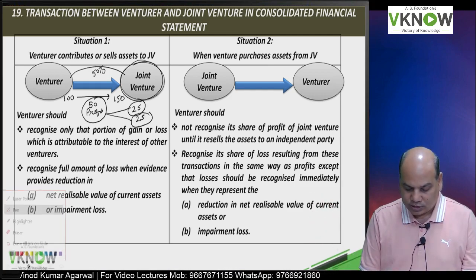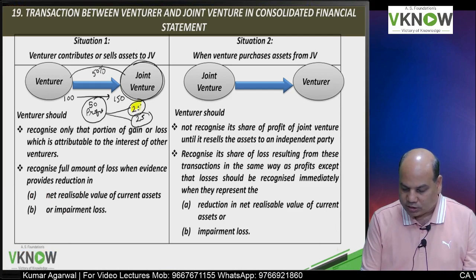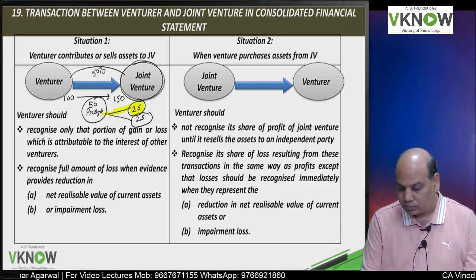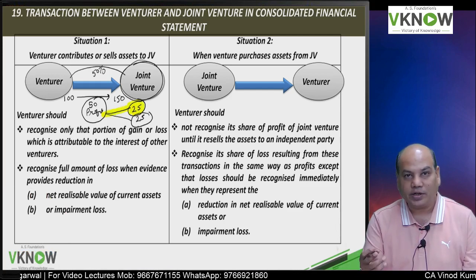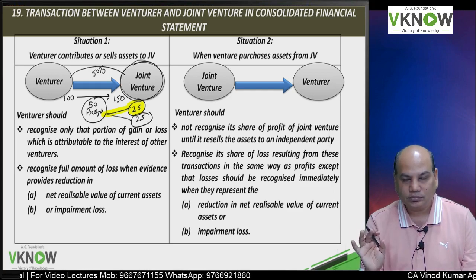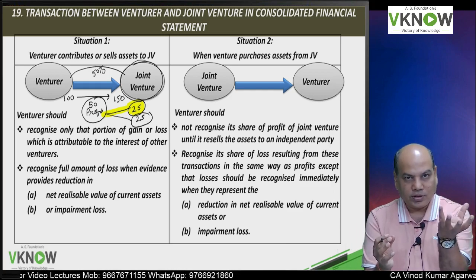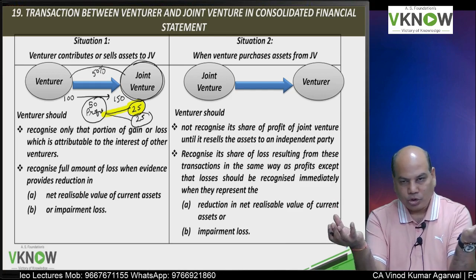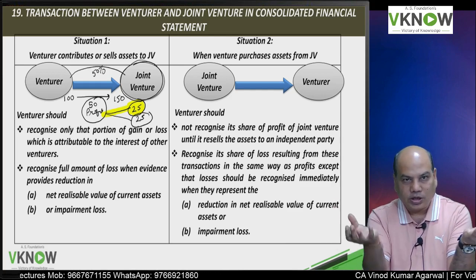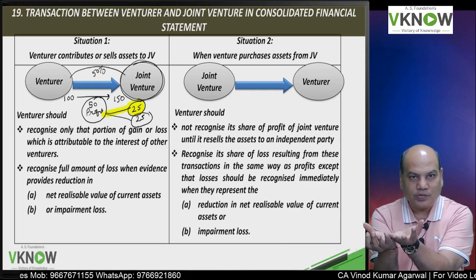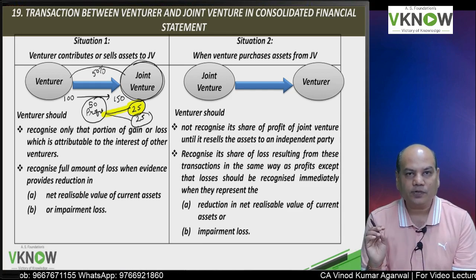So what the standard says, to the extent you have made profit by transacting with yourself, because this is venturer, this is joint venture, you are 50% owner in the joint venture. So if you are selling to the joint venture, you are making profit from yourself.